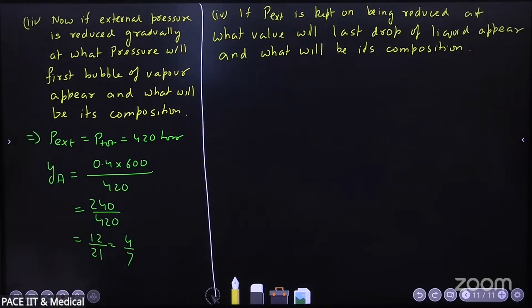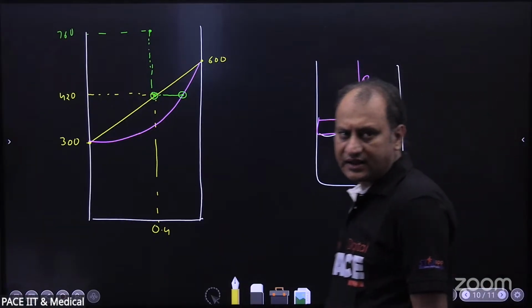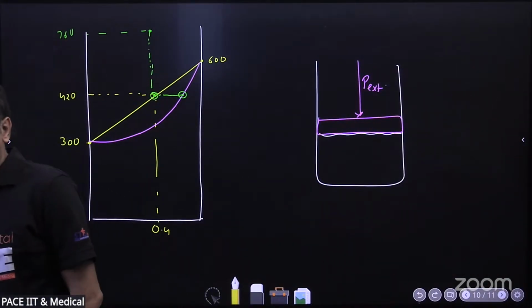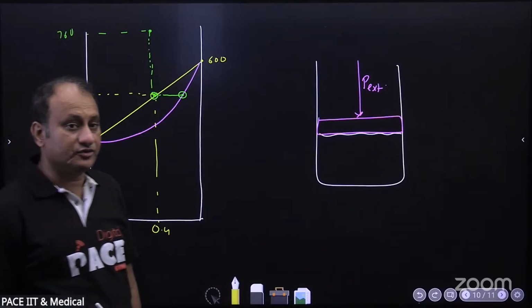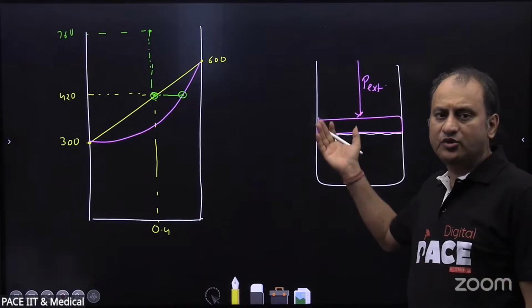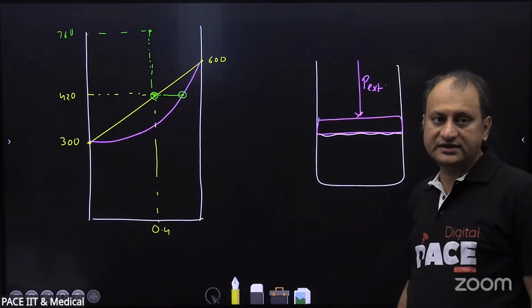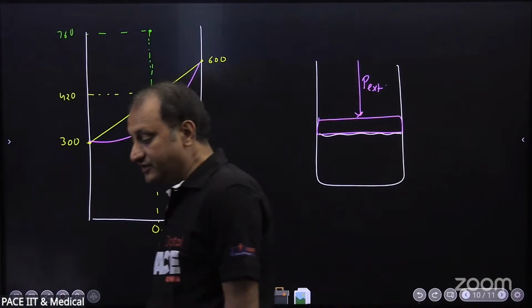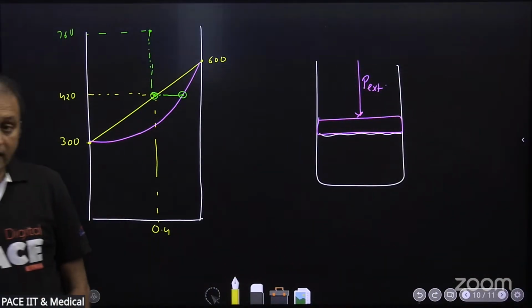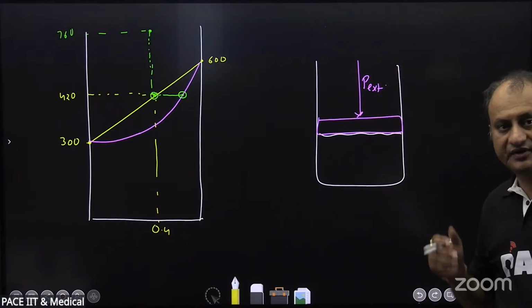Let's say in this problem that if we keep on reducing external pressure, what will happen? To balance that, the pressure of the solution will also have to change. It always has to be equal to external pressure. So more and more liquid will be evaporated, correct? And that will cause a change in mole fraction in liquid as well as vapor. And as more and more liquid evaporates, moles in liquid will keep on decreasing.